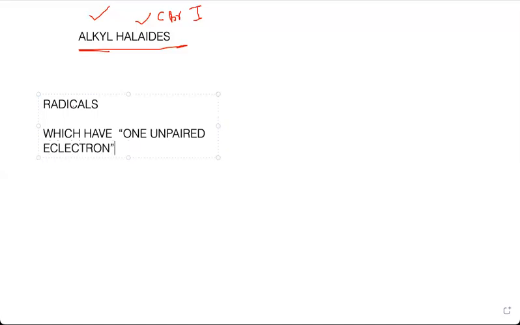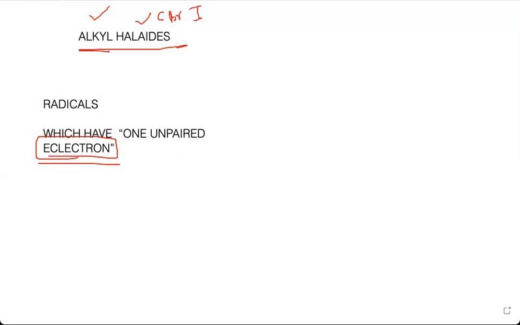Everything in the world which has one unpaired electron is called a free radical. Oh, I have made a mistake in the spelling of electron. You can correct it yourself. Okay, so what is a free radical?